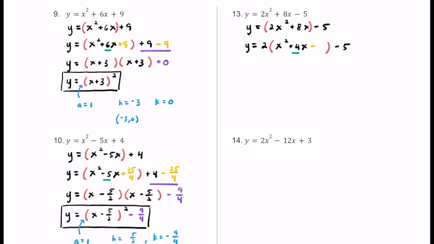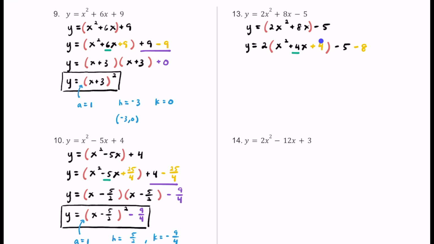So if we put +4 inside here, please be very, very aware that this is not really just a 4 that we added. Remember, there is a 2 on the outside, so when we wrote +4 in here, we really added 2 4s. If we added 2 4s on the inside, we should take away 2 4s on the outside, which is really a -8.